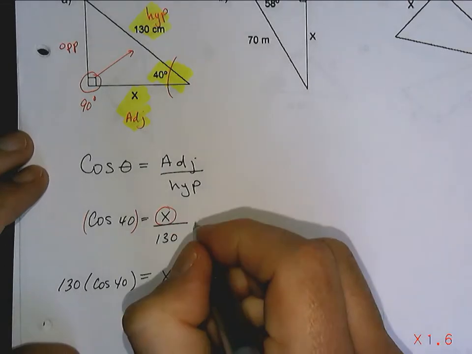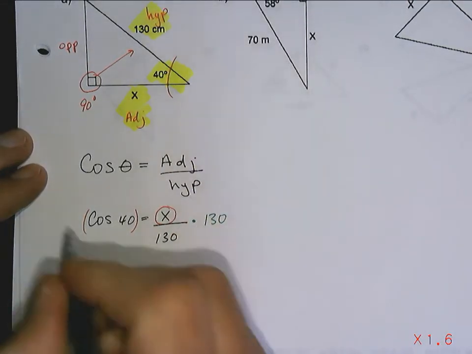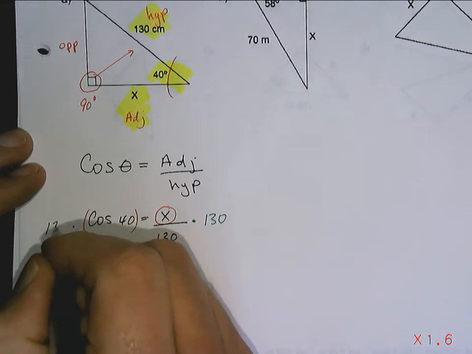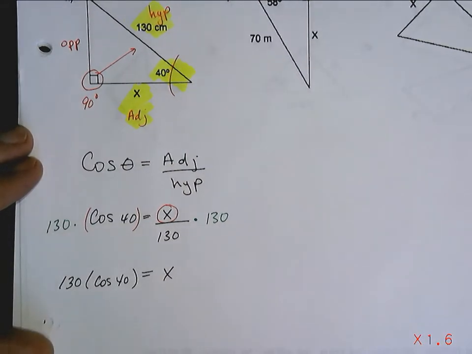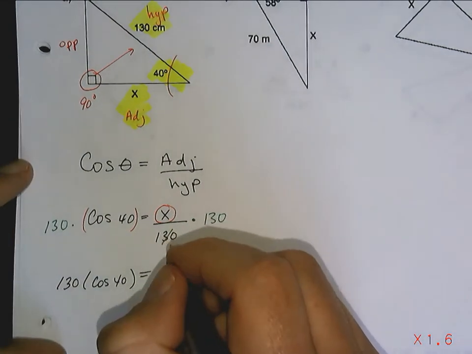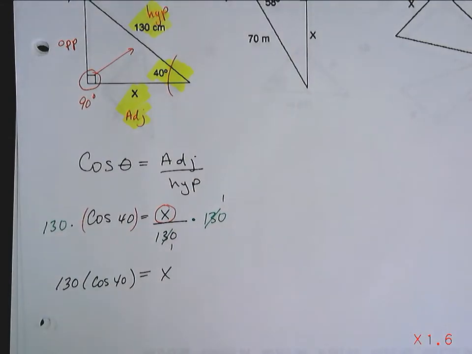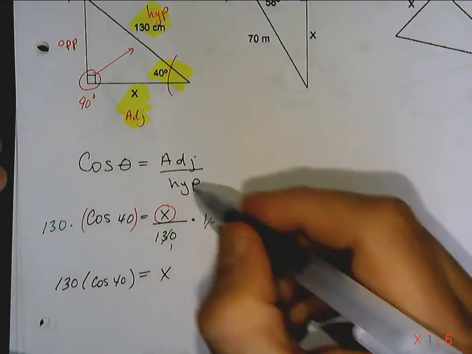What I did was I multiplied this side by 130. That's what the dot means. And I multiplied this side by 130. So really what I did was I multiplied both sides by 130. And what happens is this 130 reduces with that 130, leaving me with x equals 130 cos 40. Now this is algebra.